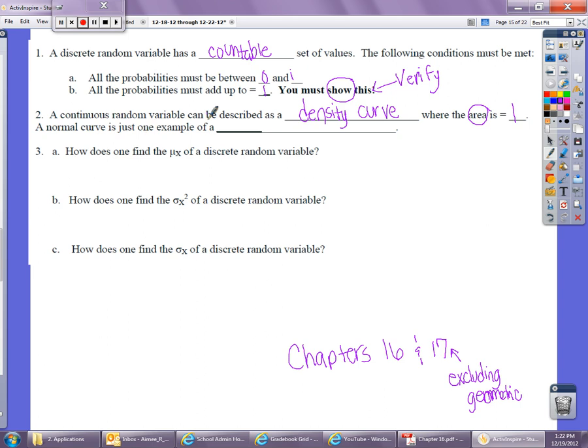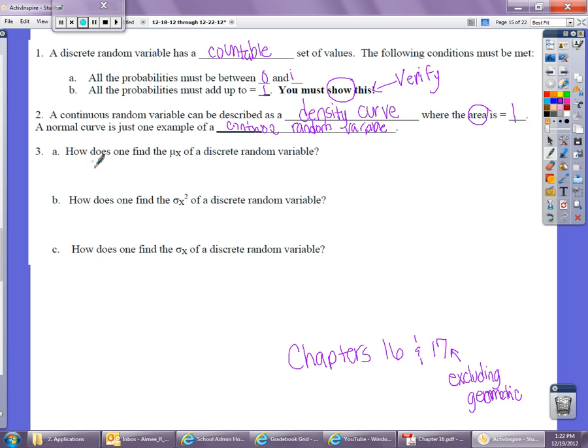A normal curve is just basically one example of a continuous random variable. Okay, we're going to be looking at, alright, my pen's not writing very well right now, but in any case, it's just one type, and we're going to be looking at a couple of different types.